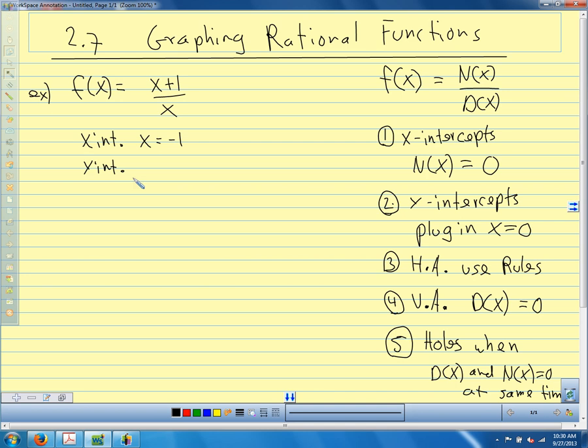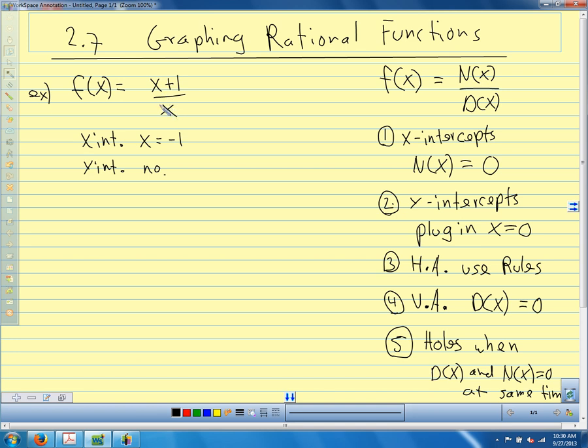We plug in 0 there. What happens when we plug in 0? Undefined, so is there a y-intercept? No. What is there at x equals 0? Does 0 make the numerator and denominator 0 at the same time? So what do we have? A vertical asymptote.